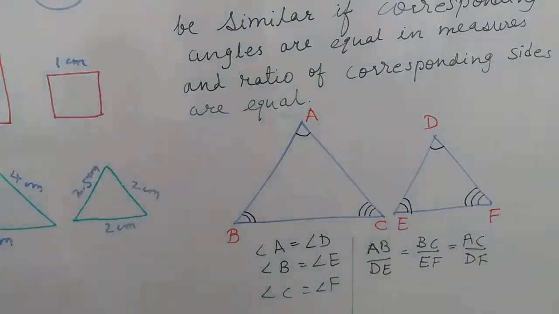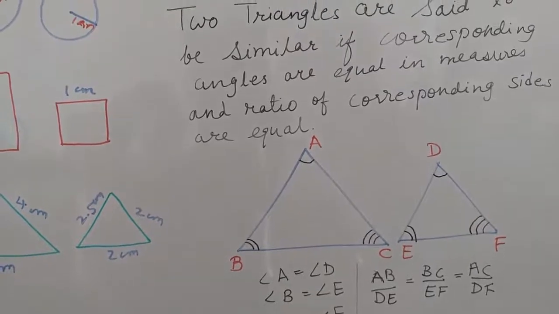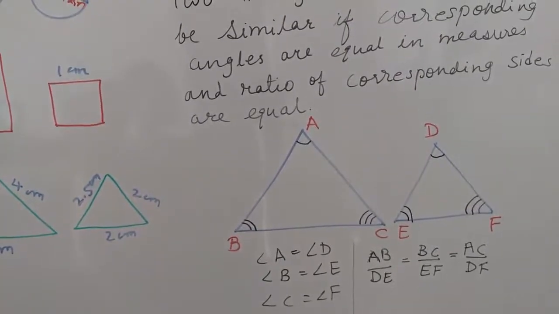This is the ratio I have taken, bigger size and smaller size, like that. So we can say these two triangles are similar when the corresponding angles are equal and the ratio of the corresponding sides are also equal. This is a very important concept and we are going to solve some questions on it.